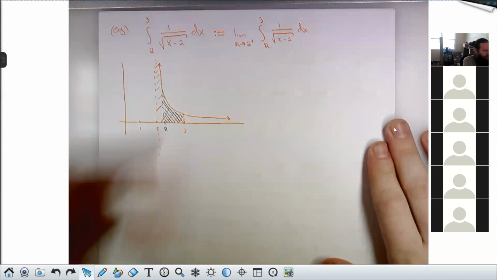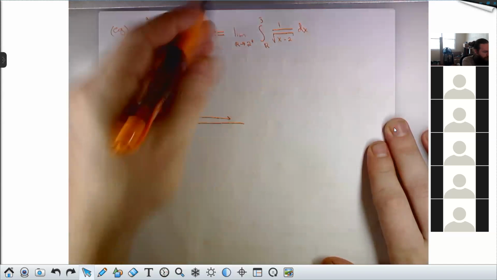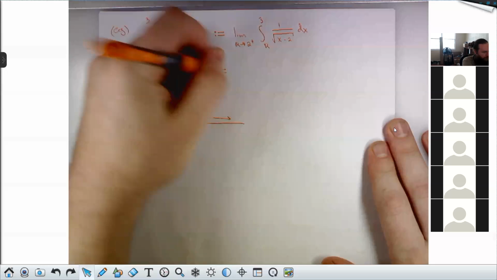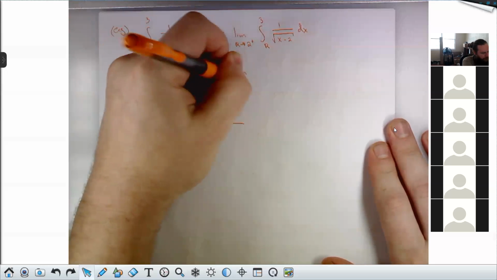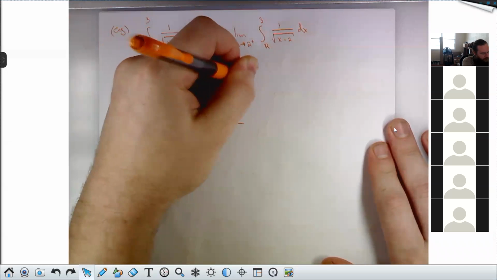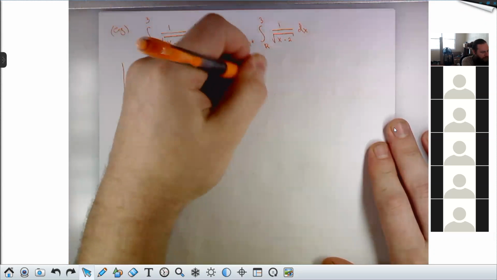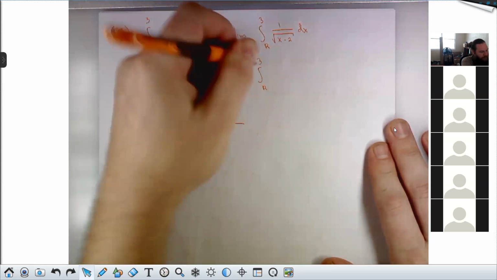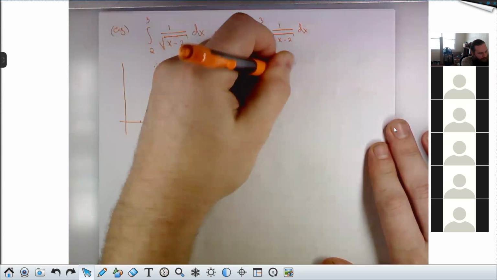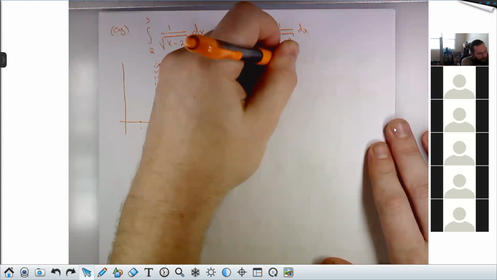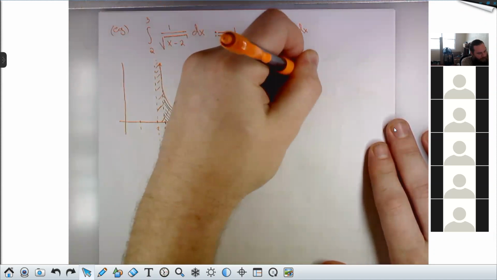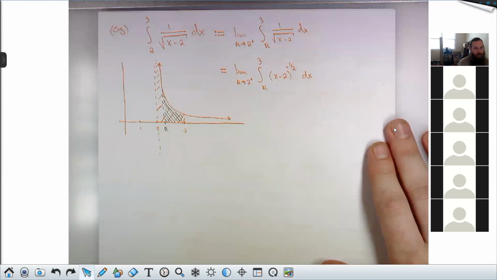Now, how do we actually compute this integral? Well, the antiderivative here isn't bad. It's going to be a little u sub. I'd write this as lim r to 2 plus integral r to 3 x minus 2 to the negative 1/2 dx. And then I make a little substitution.